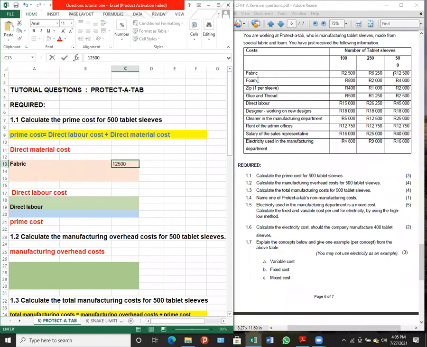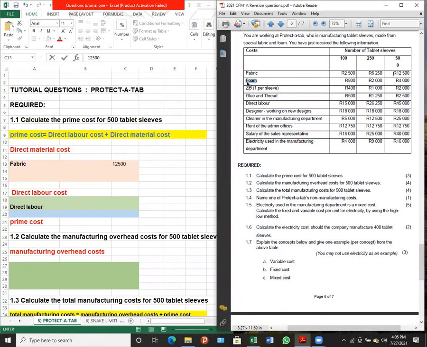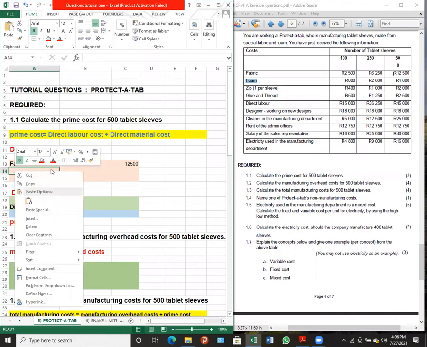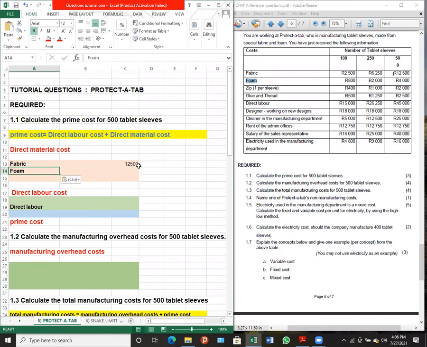And then we have a foam, which is also our direct material or raw material. I don't like to give you answers. You should give me the answer, because during the test you are the only one who is going to write.